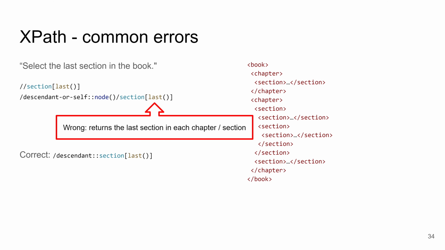So if you want to return the last section of the whole book, you need to go to all descendants and select the sections and select the last section within descendants, not the last section within each of the nodes selected before.